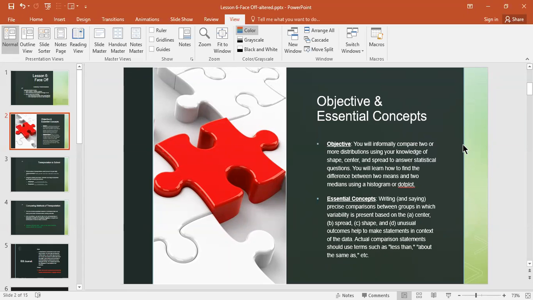Our essential concept, the main takeaway, is that writing and saying precise comparisons between groups in which variability is present, based on center, spread, shape, and unusual outcomes, helps to make statements in context of data.